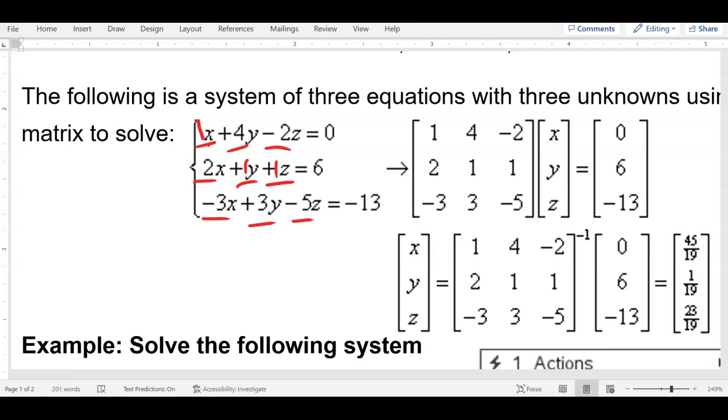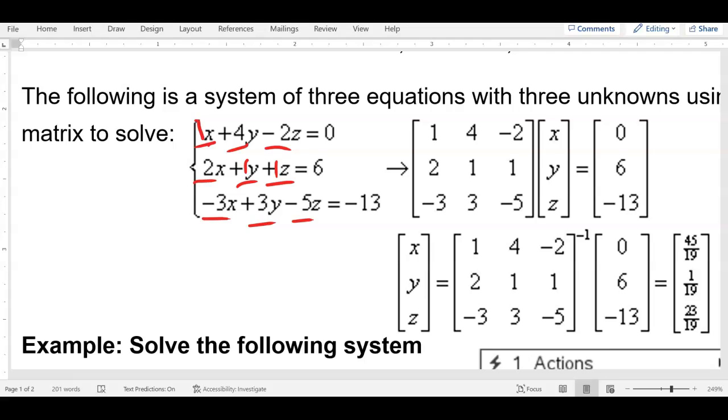All 9 of those numbers are in this matrix to the right. Do you see it right here? Okay, so all these numbers, if I just get rid of the x and the y and the z, are right here. 1, 4, -2, 2, 1, 1, -3, 3, -5. Okay. So again, all the coefficients I put into a matrix.